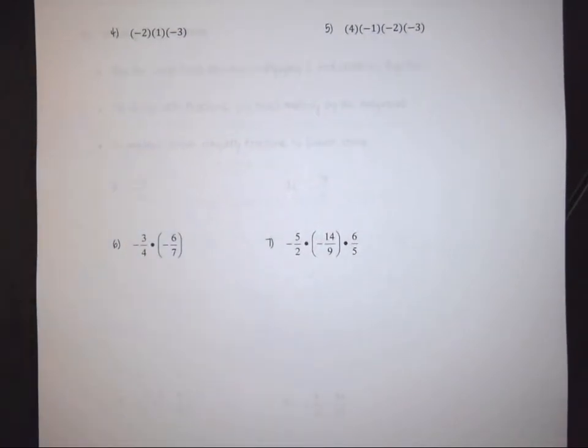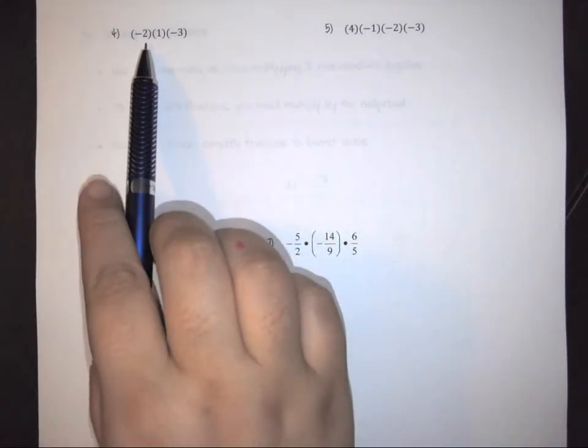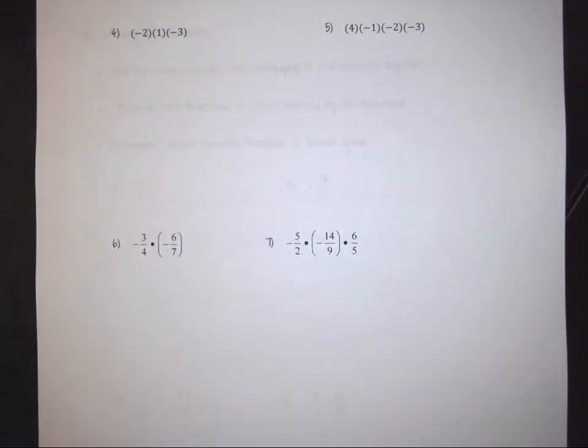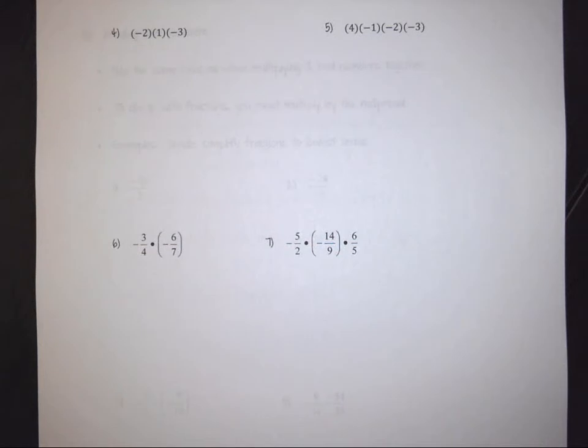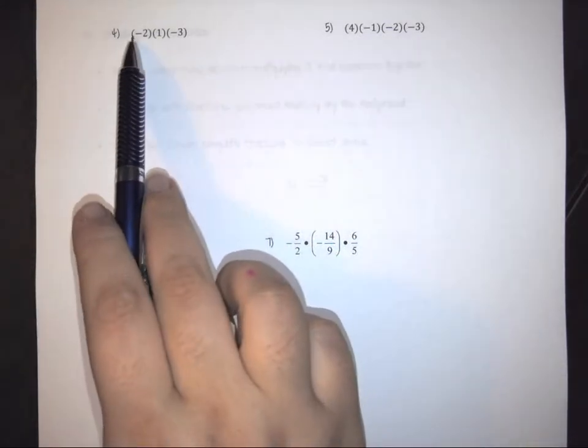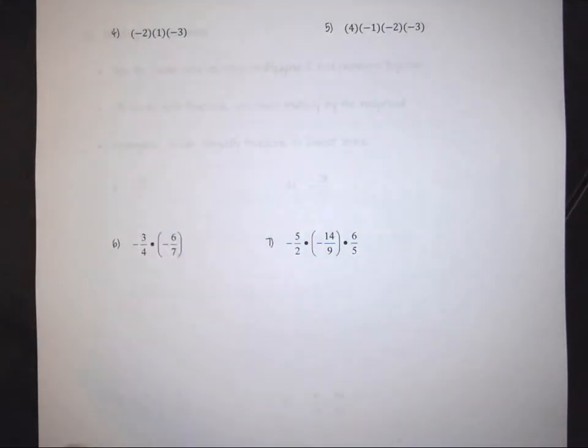Now, I've got a couple more examples here of straight multiplying before we move into the basics behind order of operations. Again, you want to look at how many terms you have. I have 1, 2, 3 terms, so I fall under the rule of 2 or more. In this case, I have 2 negative signs.